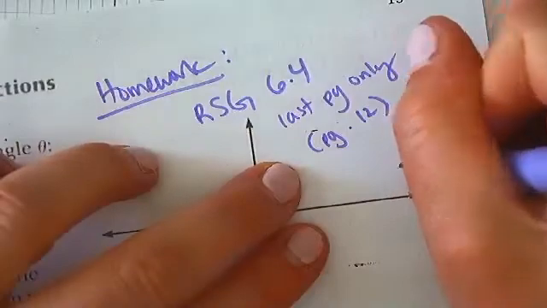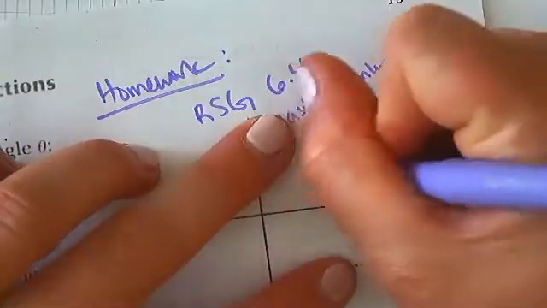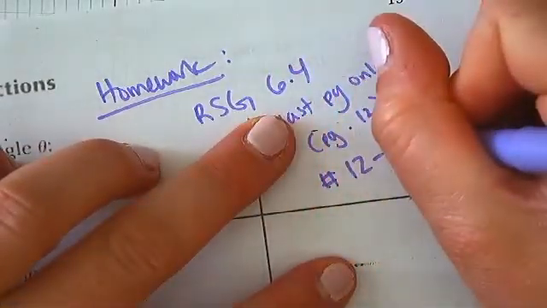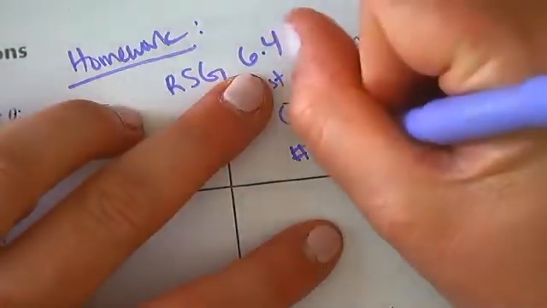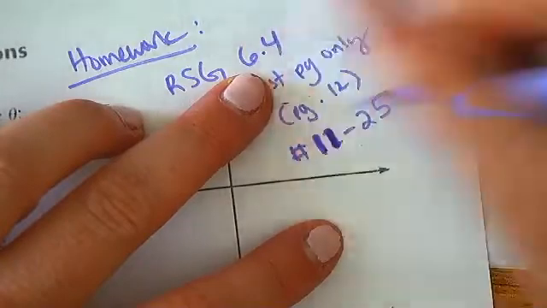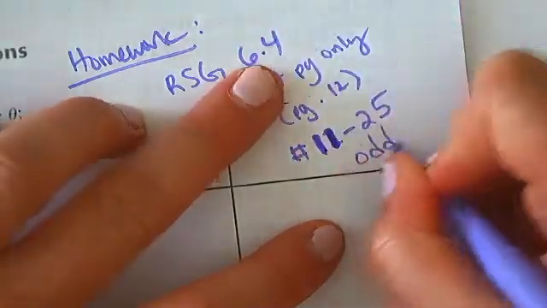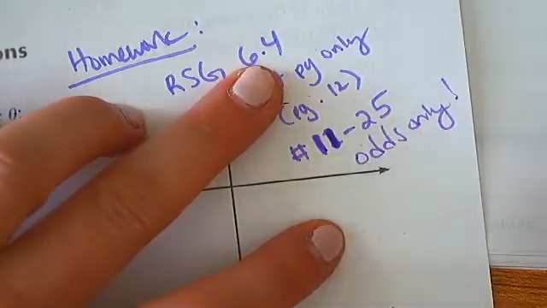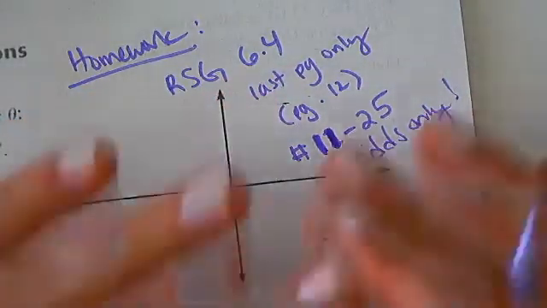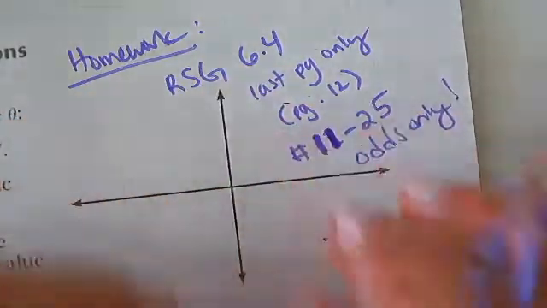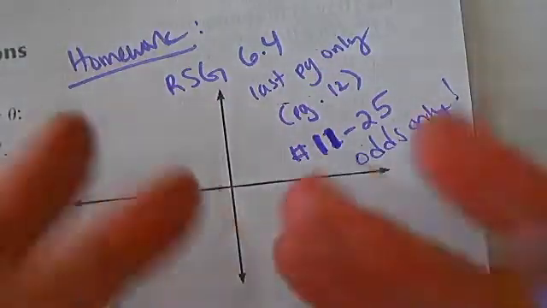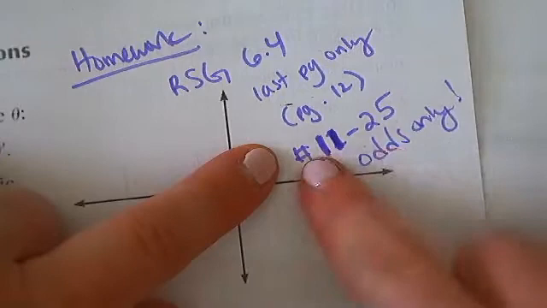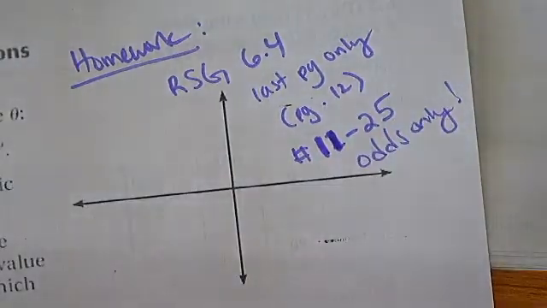So basically that whole last page is numbers 11 through 25, and you're going to do the odds only. Only do the problems on that entire last page that are not crossed off, which is the odds only, 11 through 25. Cool?